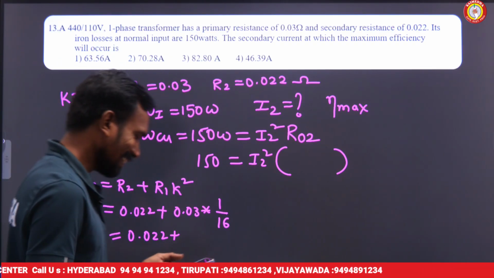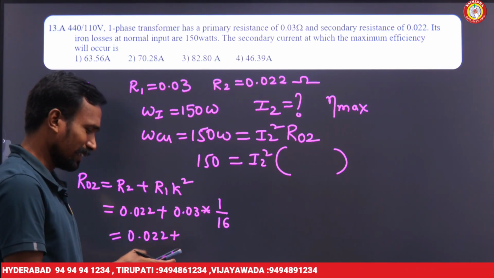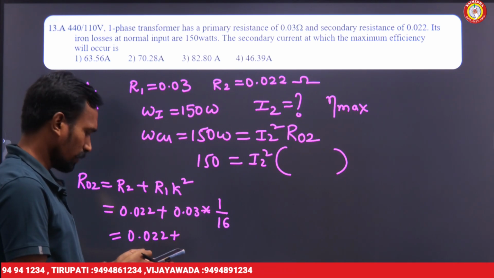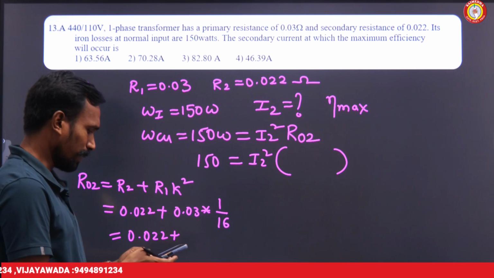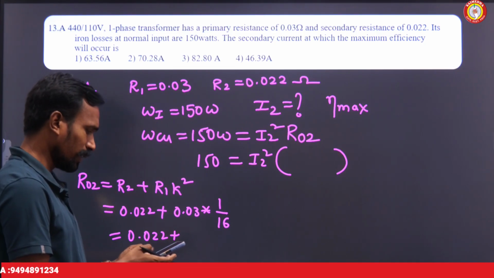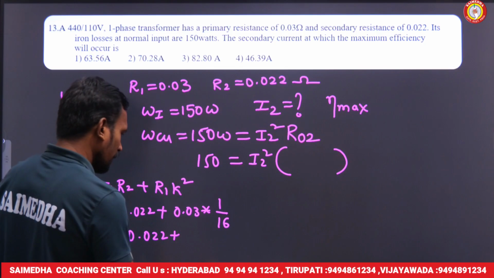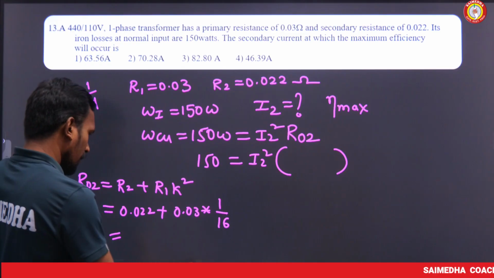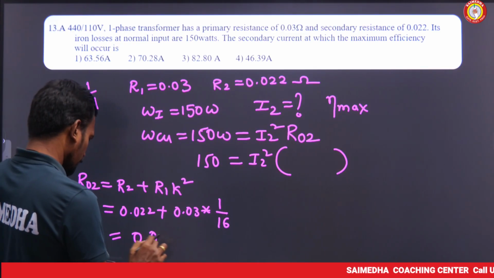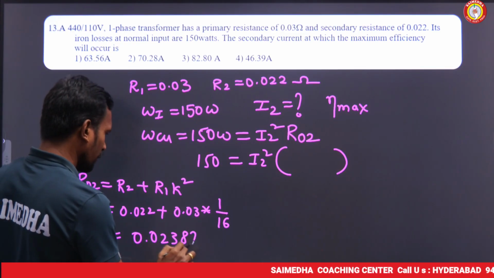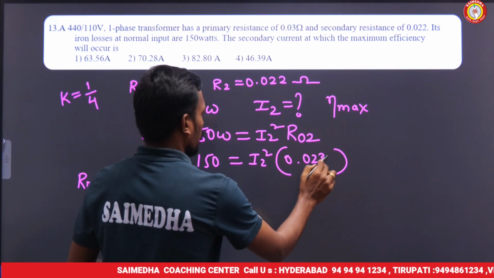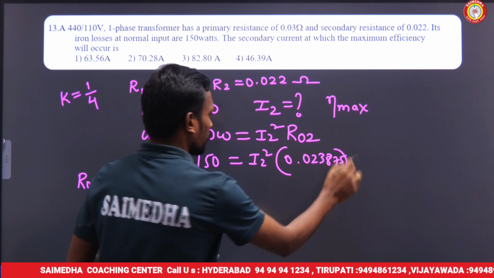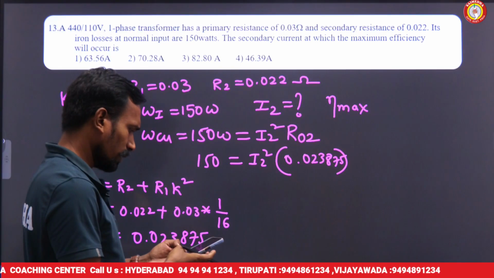Okay, so let's see this one time. 0.03 divided by 16 plus 0.022, so the combined value is 0.023875. Now this is the value.